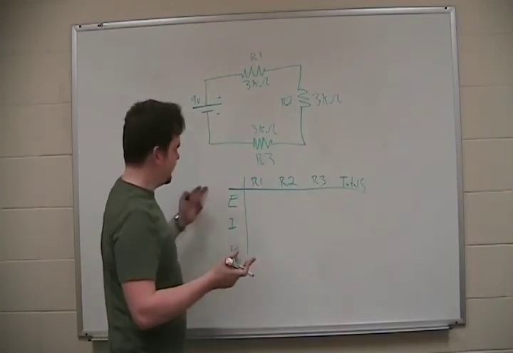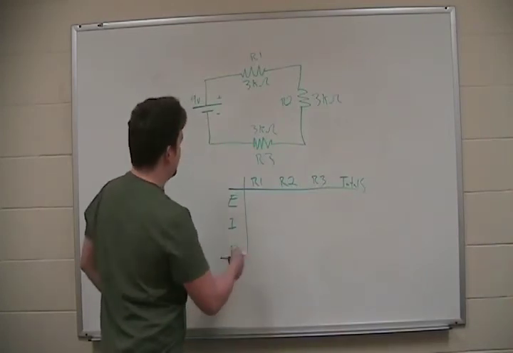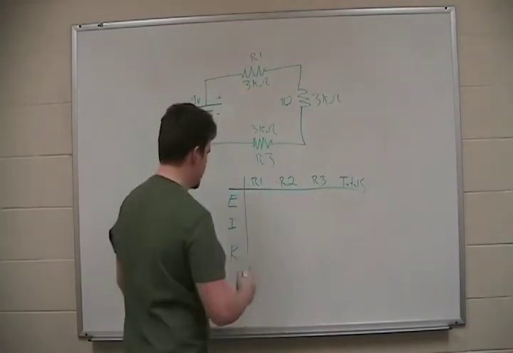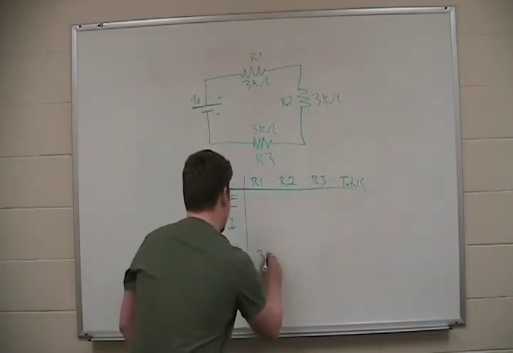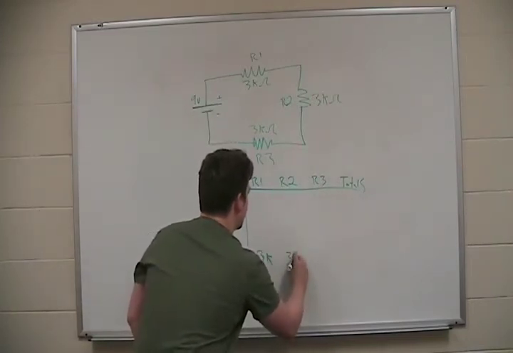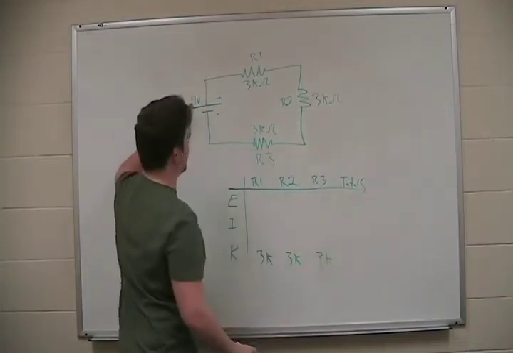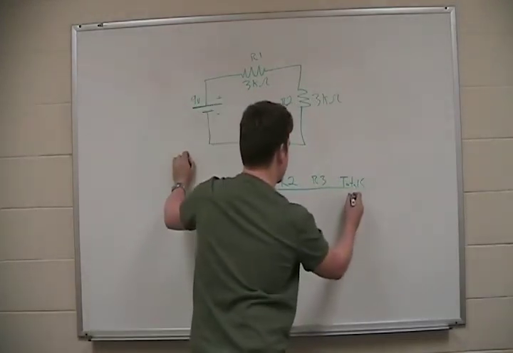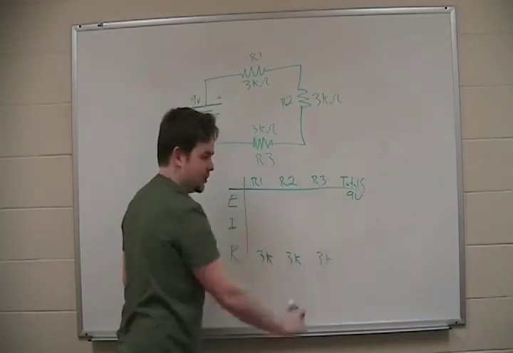So first things first, we're going to put in what we know. We know that each resistor for R1, R2, and R3 is 3 kiloohms. So remember, that's 3,000 ohms each. 3K, 3K, 3K. We also know that the total voltage supplied to this circuit is 9 volts. So that's our total voltage.